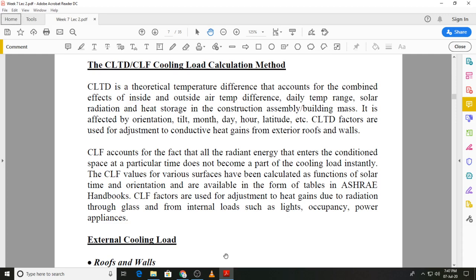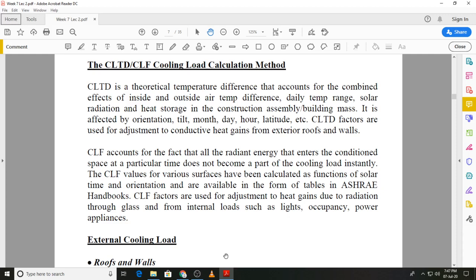The cooling load factor accounts for the fact that the radiation that enters the conditioned space, it may be the solar radiation that is entering through transparent surfaces, or it may be the thermal radiation that is emitted by any source inside the conditioned space, lights, occupancy, or appliances.